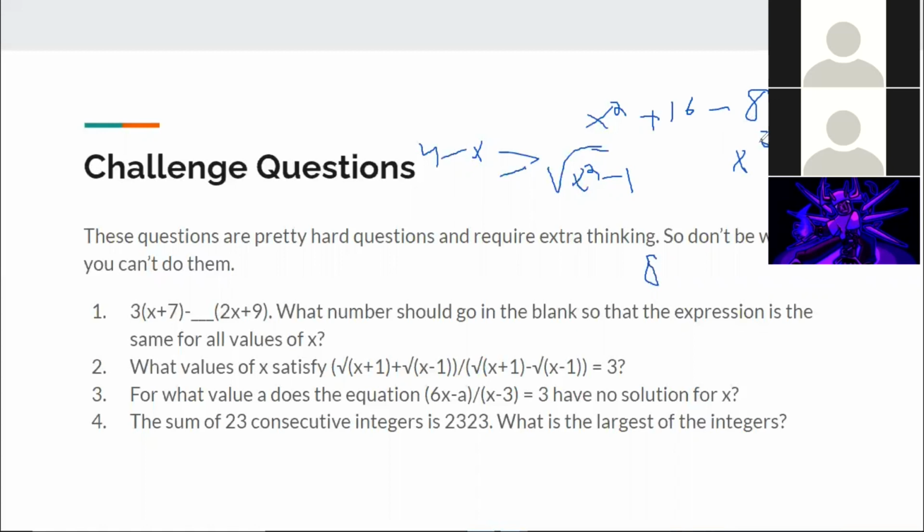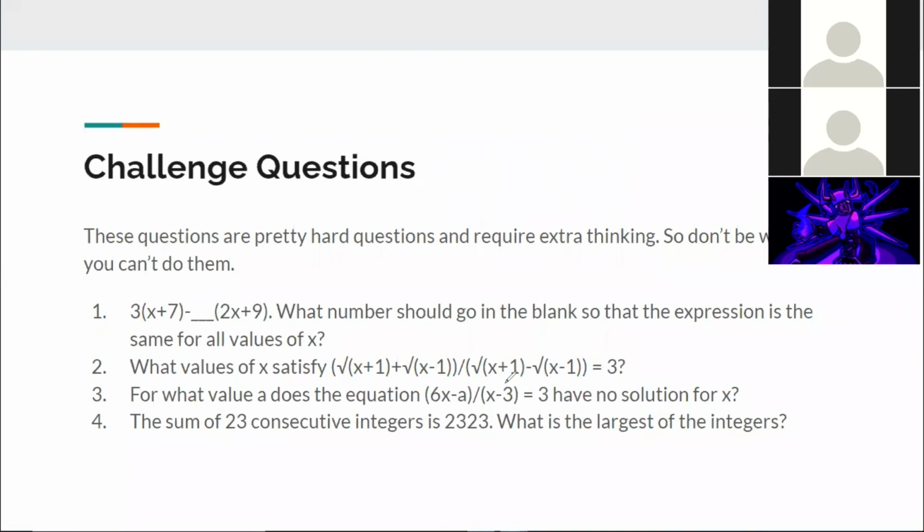So now you add 1 to both sides, and you can cancel these x squareds out. So you're going to get 10 minus 6x is equal to 0. So now you know x is 5 over 3. So that's the value of x that works. That was a pretty hard one, so don't be sad if you couldn't solve it.